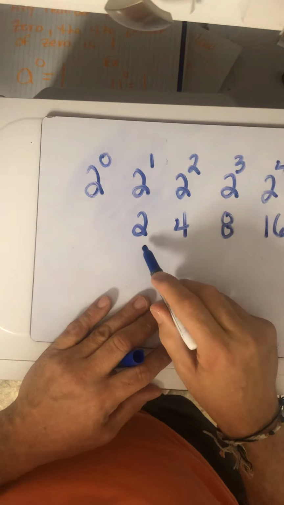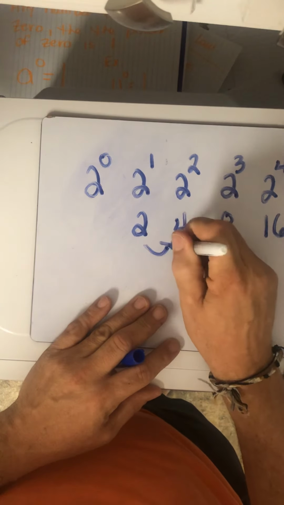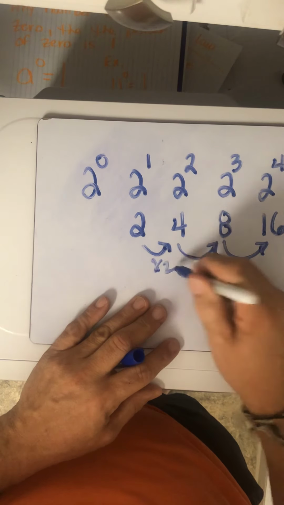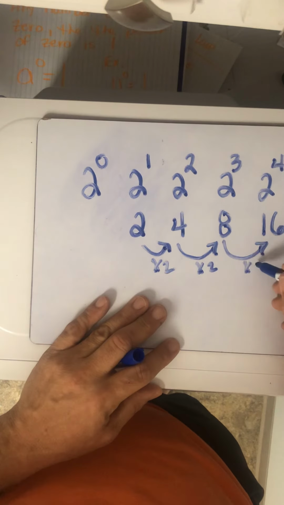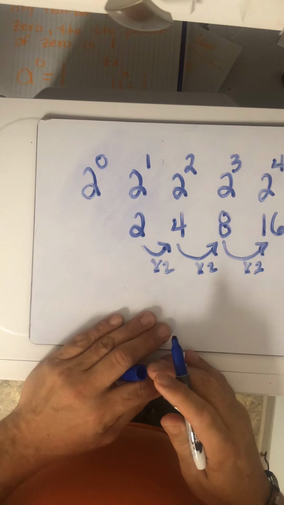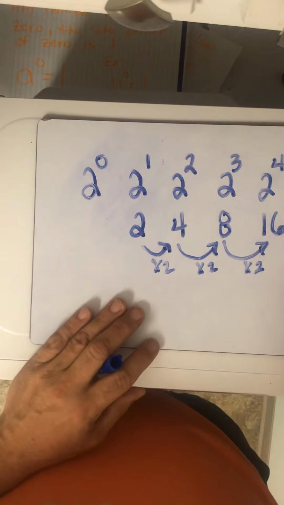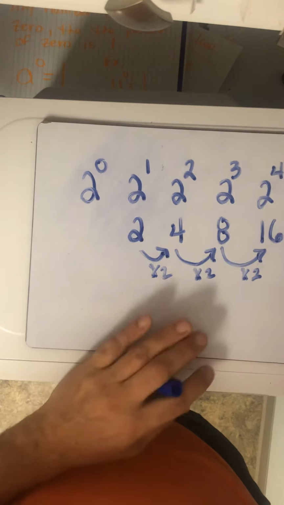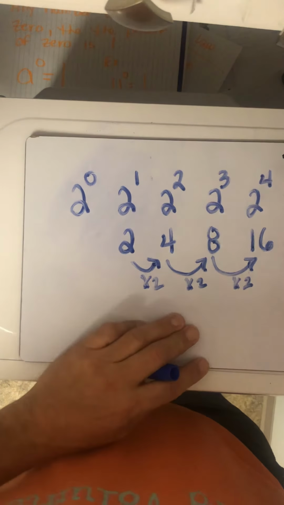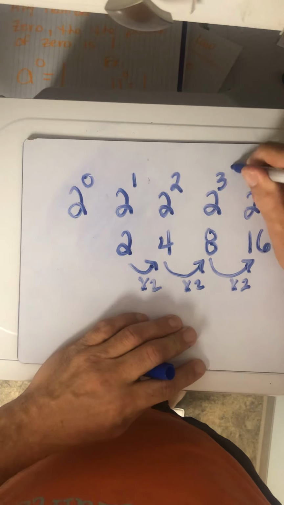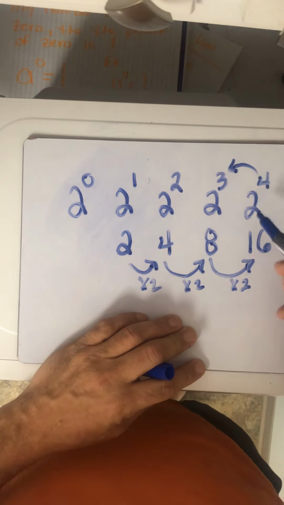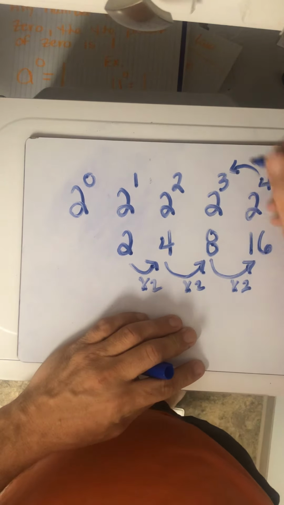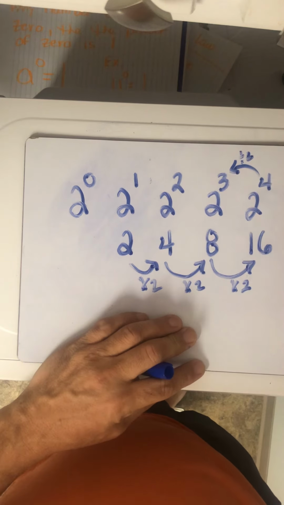Now, if you notice, as we go up, we're just multiplying by another 2. Well, let's think about that. What if we were going down? What if we were working backwards? Going from 2 to the fourth to 2 to the third, if going up I was multiplying by 2, that means going down I'm dividing by 2.